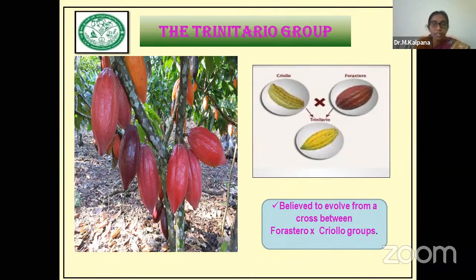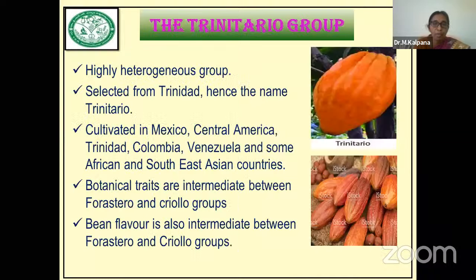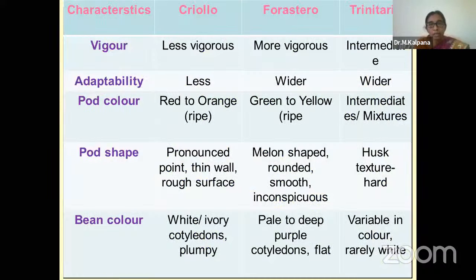It was selected in the Trinidad islands, and that's why the name Trinitario came into existence. It is highly heterogeneous, cultivated in Mexico, Central America, Trinidad, Colombia, Venezuela, and some African and Southeast Asian countries. The botanical traits and bean flavor of Trinitario are intermediate between the Forastero and the Criollo group.